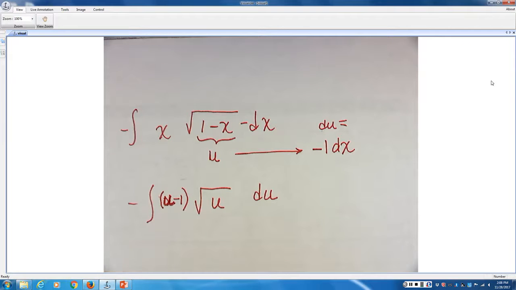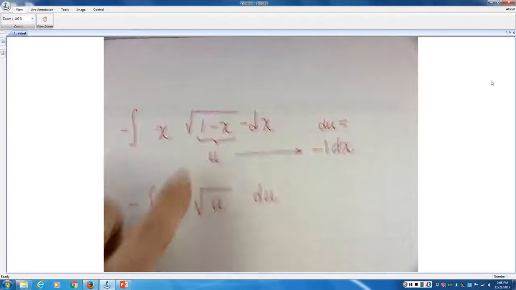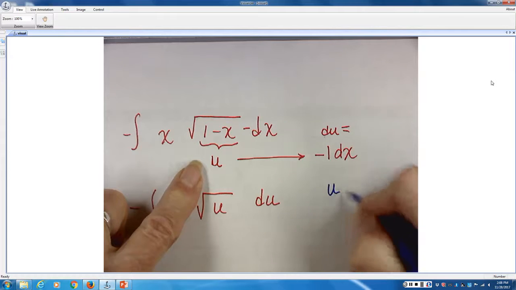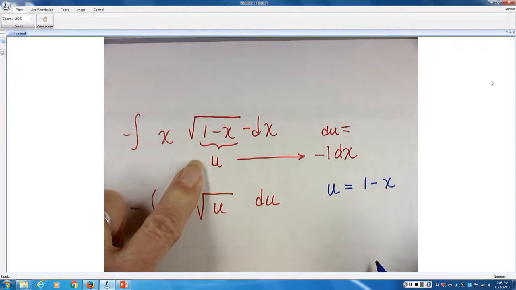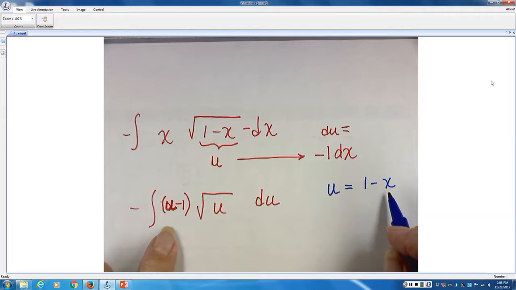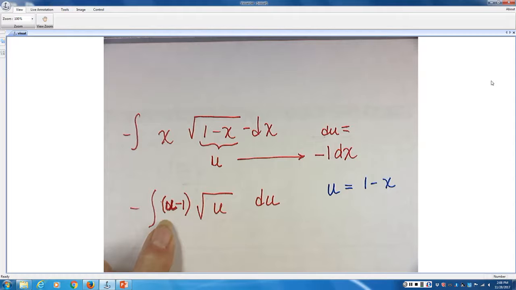Now this is the part where it's going to get tricky for you to understand, so I'm going to try to explain over here. We have u is equal to 1 minus x. We need to have this in terms of u, so we need to know if u is 1 minus x, what's x by itself?